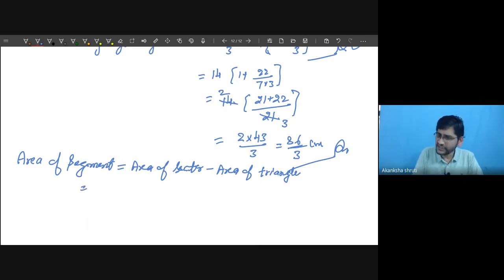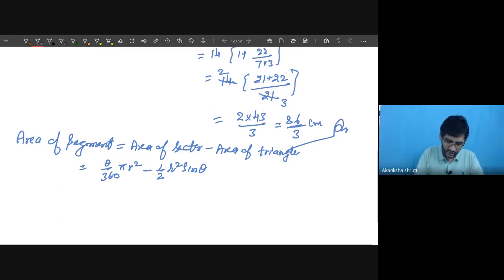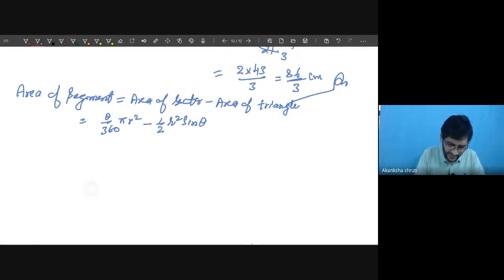Area of sector, how to calculate area of sector? Theta by 360 pi r square minus area of triangle, which we had calculated earlier, half r square sine of theta. Okay student, this way we have substituted the two formulas for these two areas.